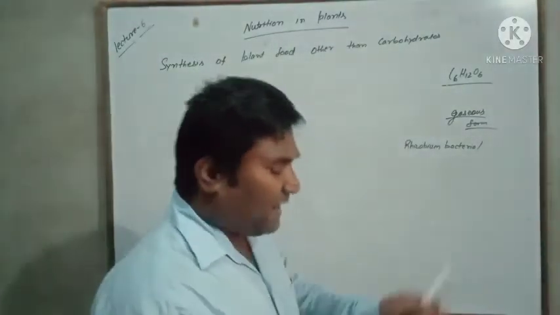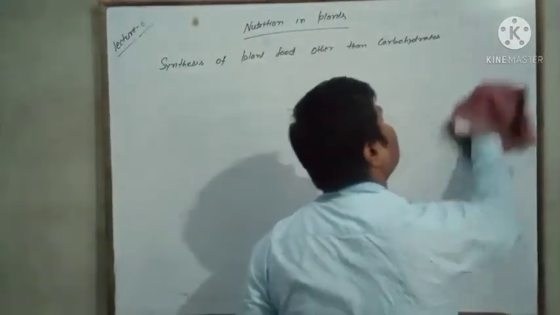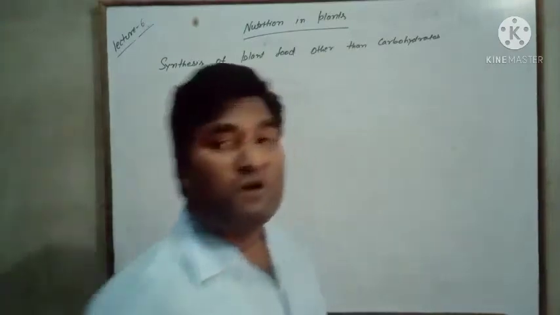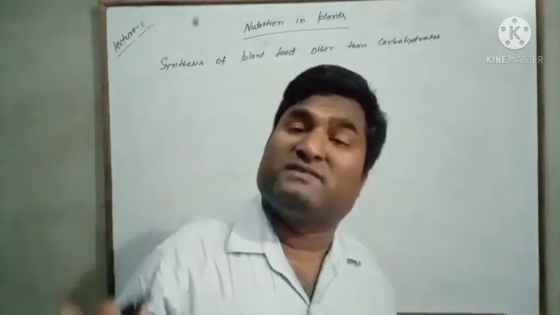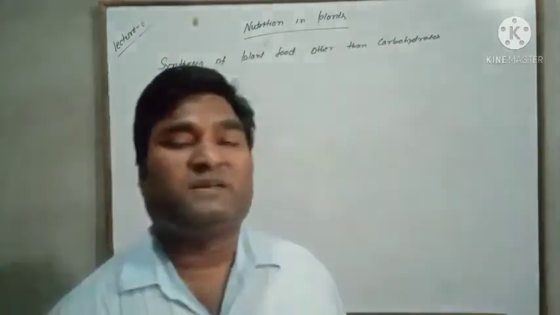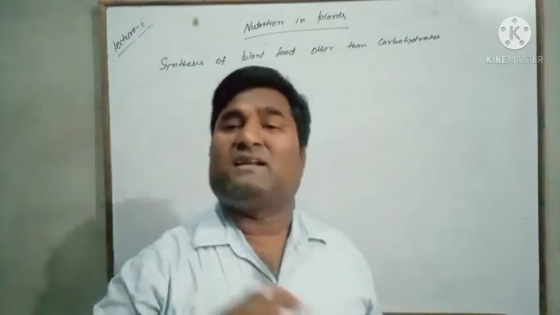So these bacteria help plants to get nitrogen. Since gaseous nitrogen cannot be used by plants directly, certain bacteria, Rhizobium and cyanobacteria, convert it into a usable form.